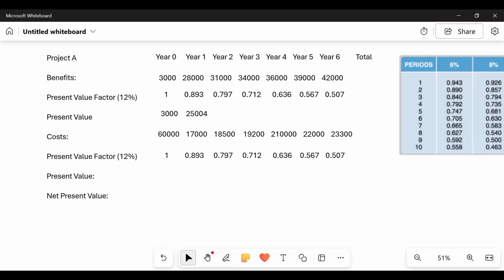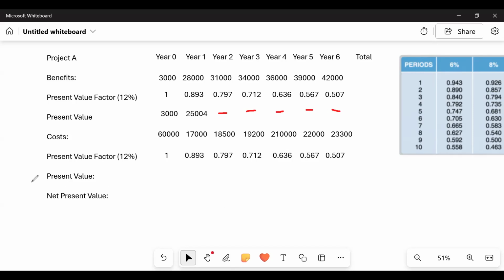Okay, can you give me the other values? Can you fill this table? You just need to multiply these values and put them here.